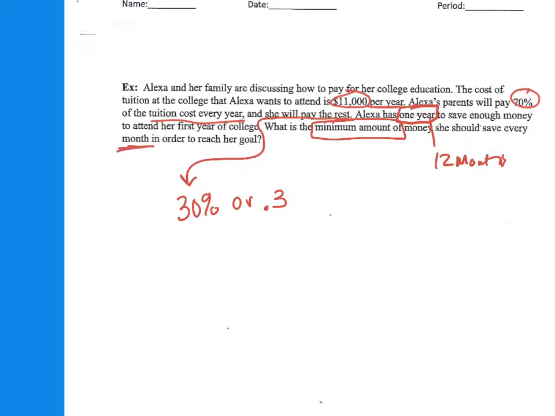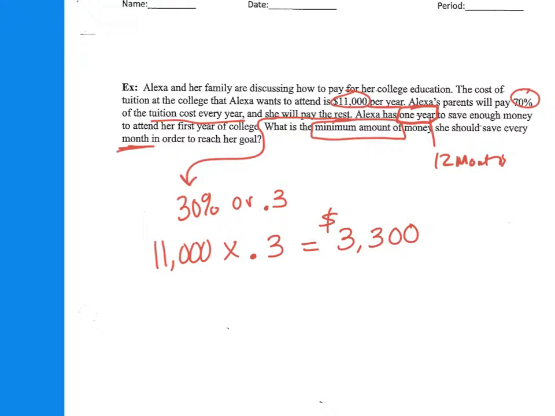So first of all, let's figure out what she owes. Okay, so she's going to pay 30% of $11,000. So take that $11,000 tuition, multiply it by 0.3 to see what she actually owes. Should be $3,300. So that's what she has to pay.